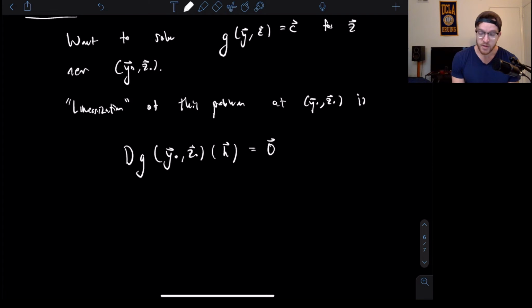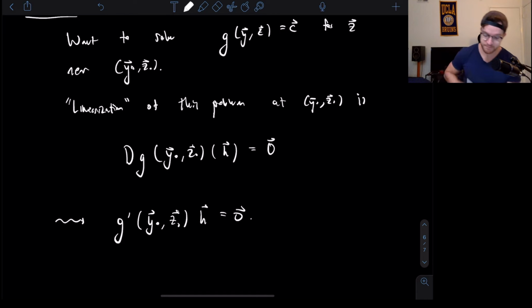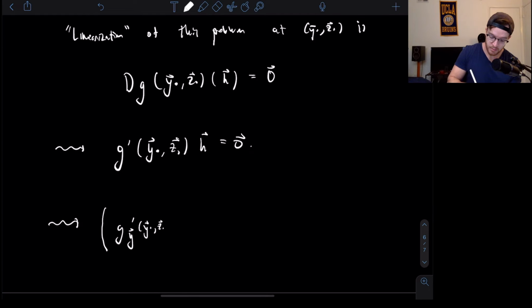Okay, phrasing this in terms of Jacobians, we would get the Jacobian G prime of y naught, z naught times H equals 0. Now, writing this out a little bit more, earlier we have this new notation G prime y and G prime z.